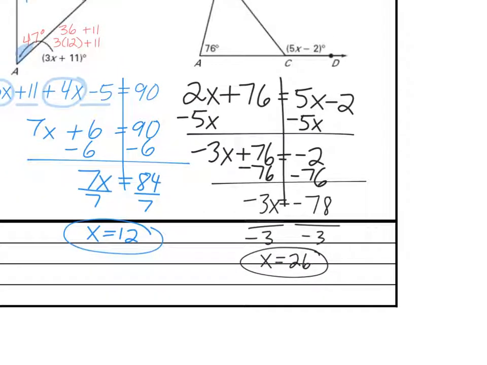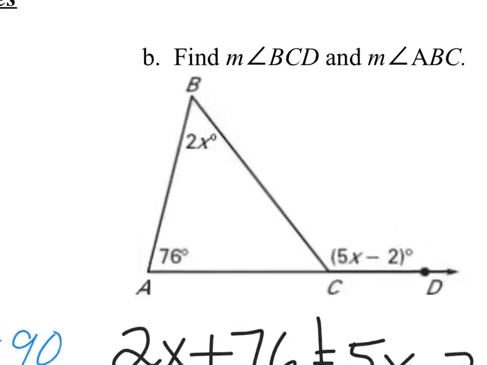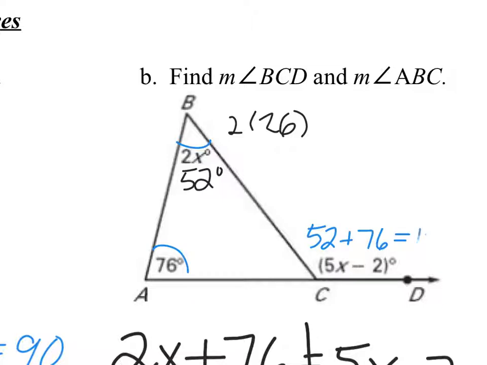That way I know what the angle is at B. So 2 times 26 would give us 52. And then if we add up these two angles, they should be congruent to the last one. So 52 plus 76 would give us 128, which is that angle right here.